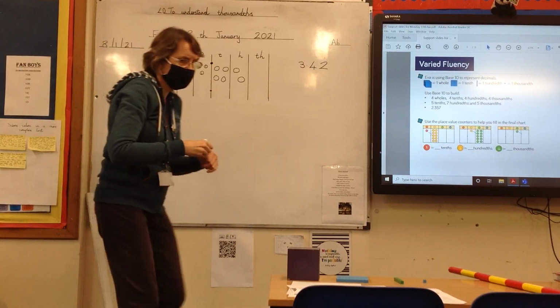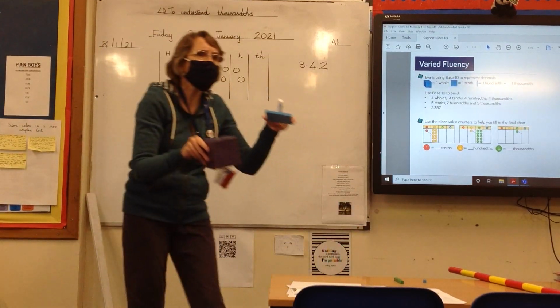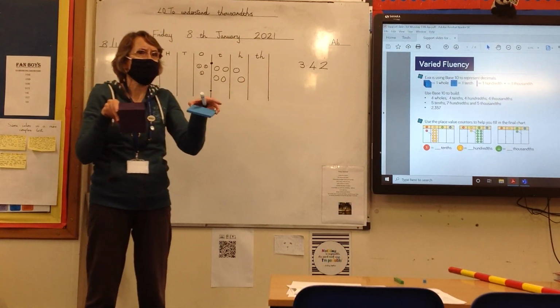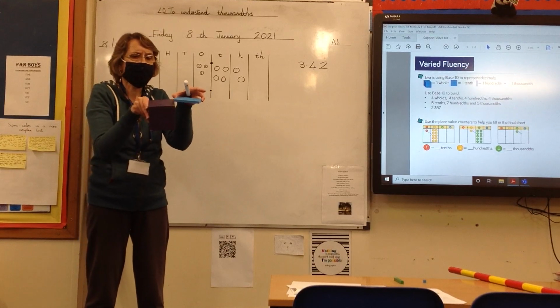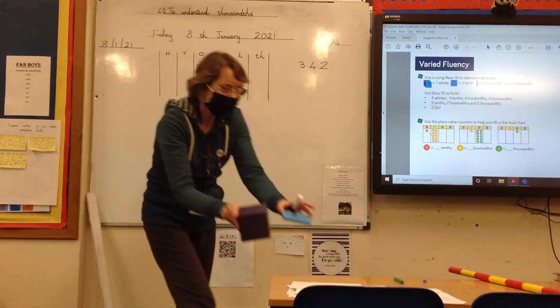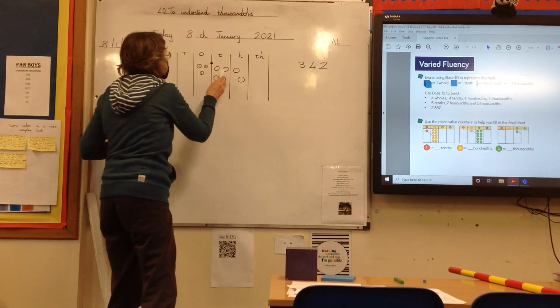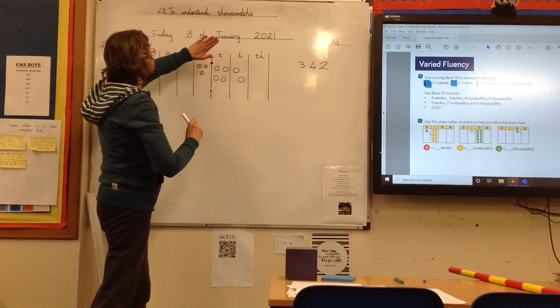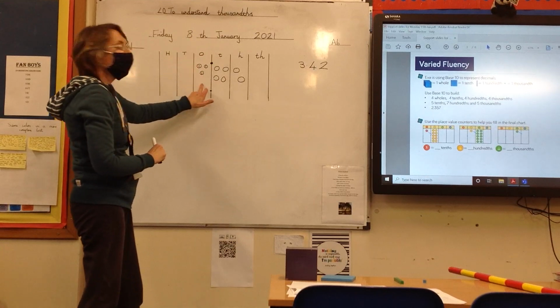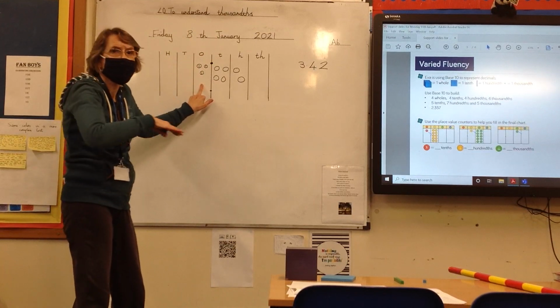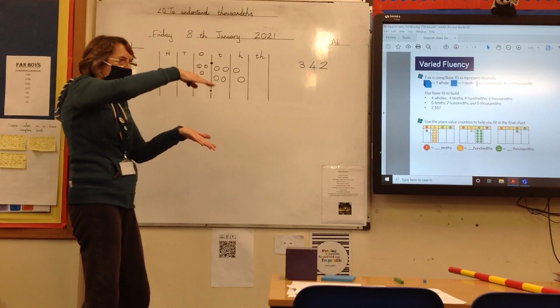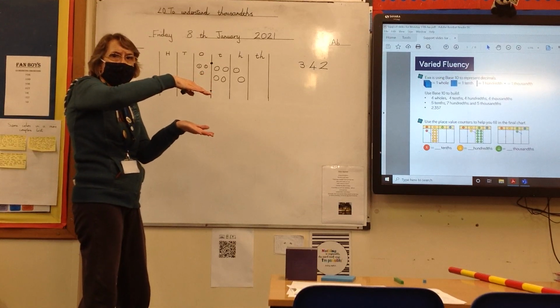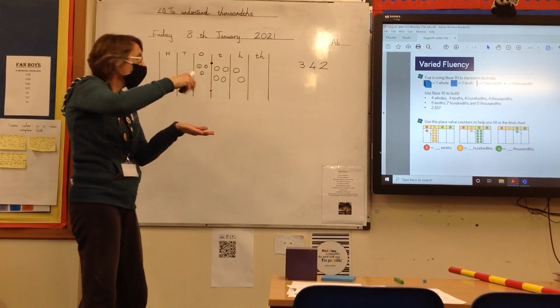So if we go back to our apparatus, if I had 10 of those blocks, that makes a whole one. So instead of putting 10 circles in there, I could get rid of my 10 circles and put 1 in the whole one, because I've got enough to make it into a whole one. Does that make sense? Good.